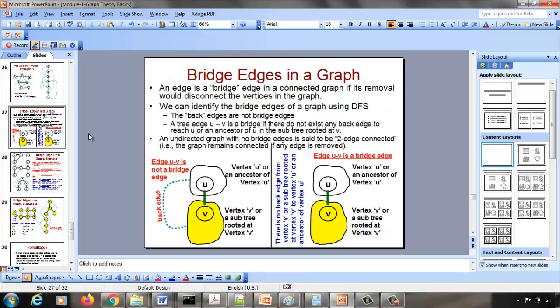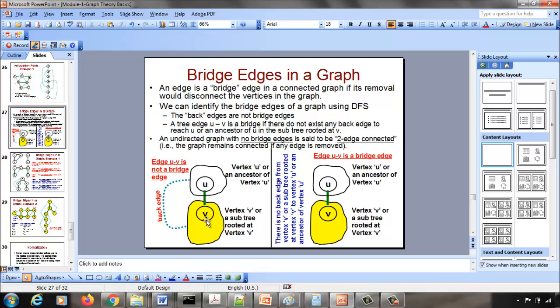So the general rule is this. Let us pick up an edge UV and we want to decide whether UV is a bridge edge or not. What we need to first decide is, between U and V, which is what is called an ancestor, or we can call upstream node, and which node is called a downstream node.